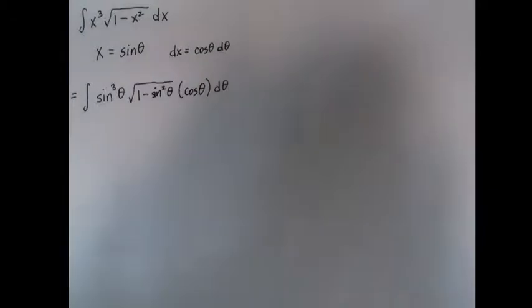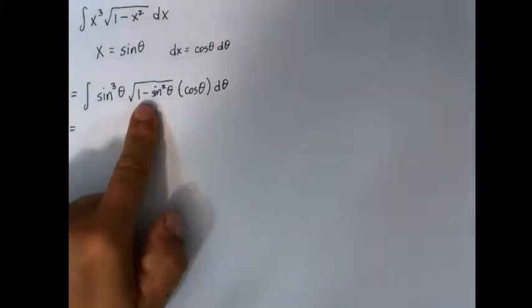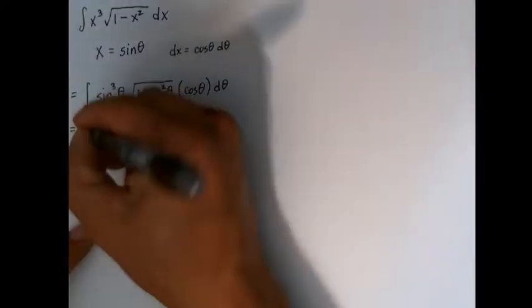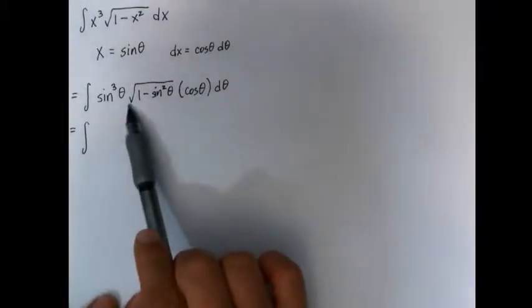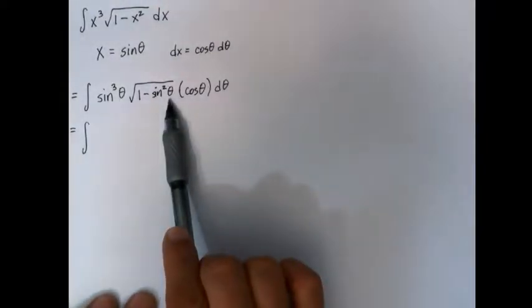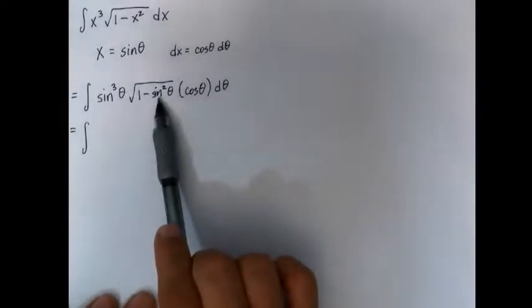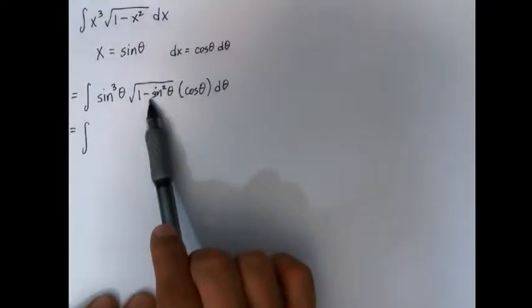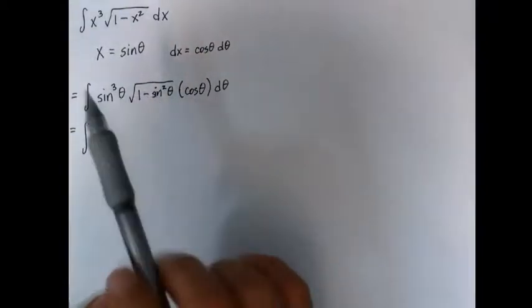So now, this gets a little more interesting, because 1 minus sine squared theta is cosine squared theta, and the square root of cosine squared theta is cosine theta. I'm going to do this really slow here and not write everything down. This square root is cosine theta, and this is cosine theta.